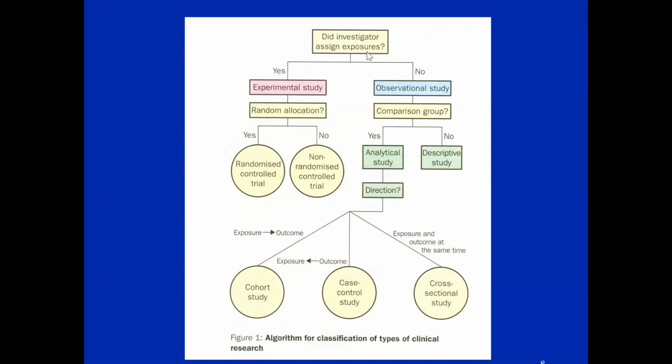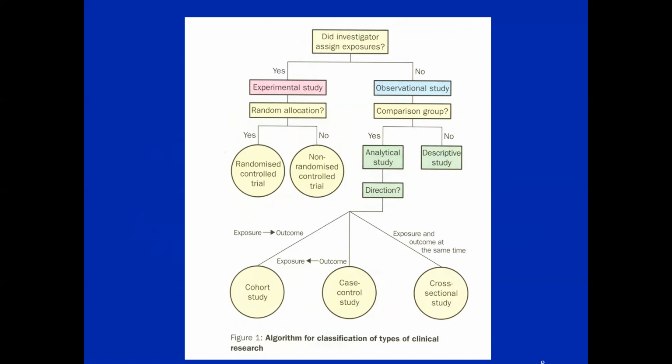So we have the concept of where we assign the exposure to our study participants, or to people who we will be studying. In observational studies, we don't assign any exposure. We're just observing things as they are happening.